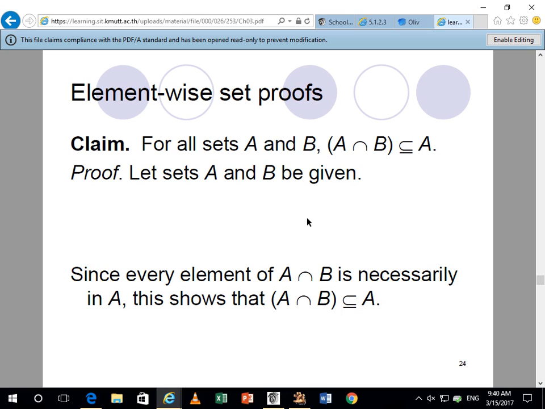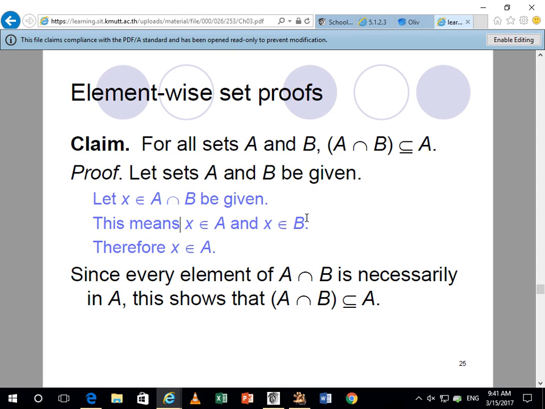For example, for all sets A and B, the intersection of the two sets, A intersect B, is a subset of A. How do we prove that? Element-wise, we look at each element.